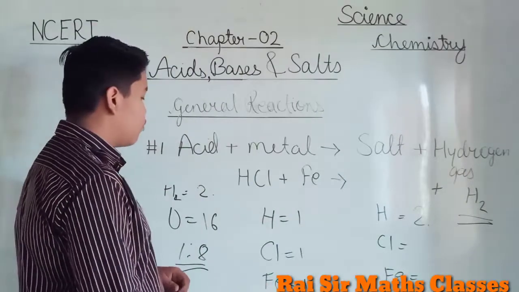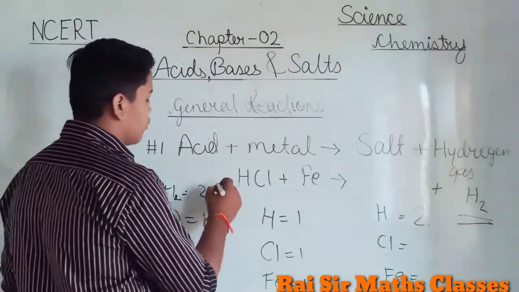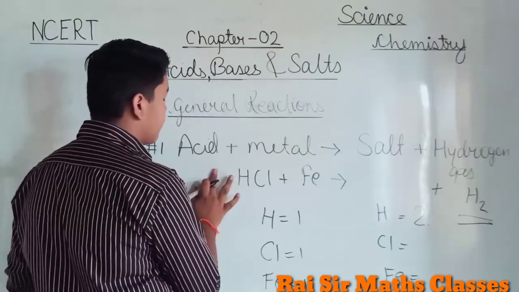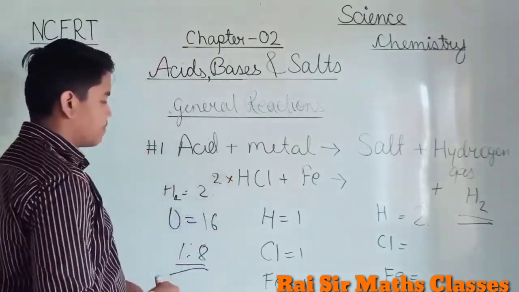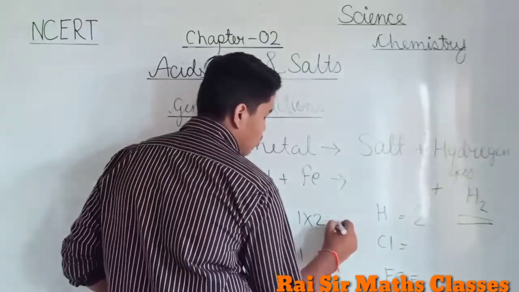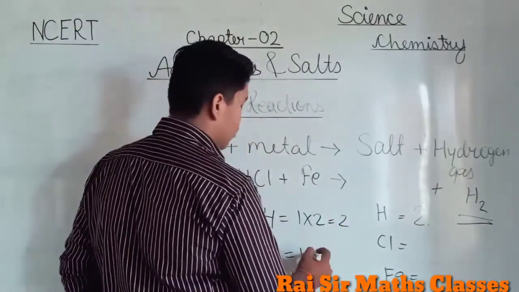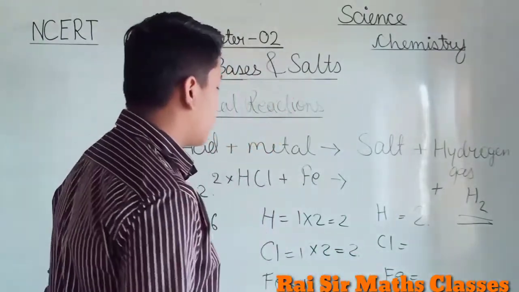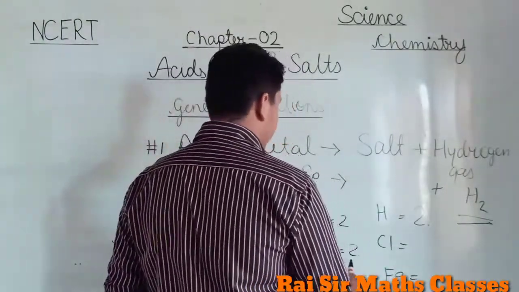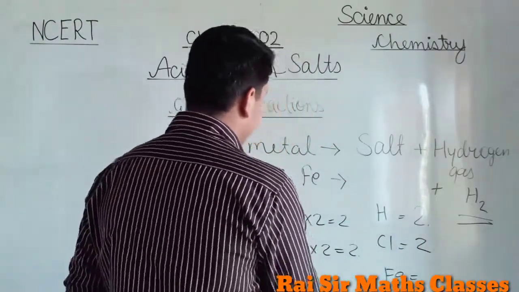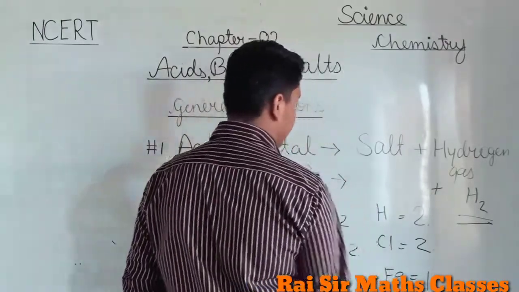To write a balanced equation, we multiply this whole term by 2, writing 2 in front of it, so it becomes 2. Chlorine is also written, so here it is 2. Now if here it is 2, we put 2 here only, and here it is 1.